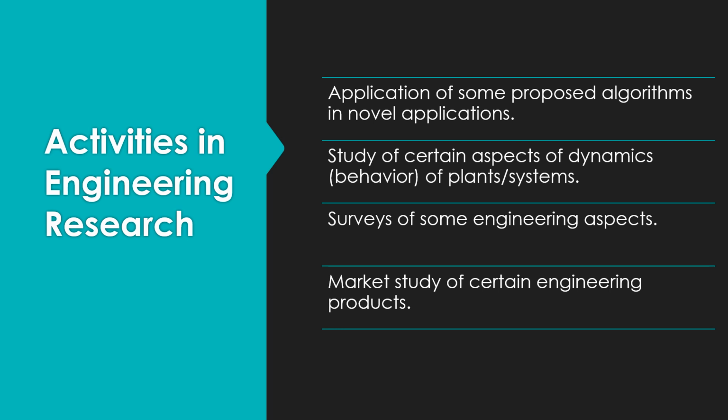There are also some application of proposed algorithms in novel application, study of certain aspect of dynamics of plants, of systems, survey of some engineering aspect, and market study of certain engineering products.